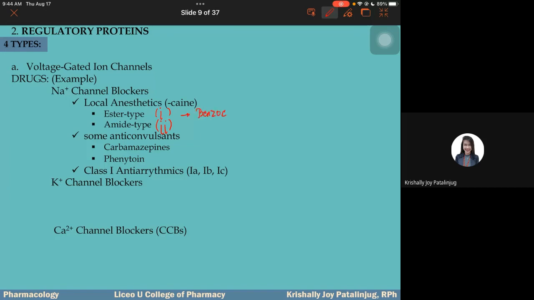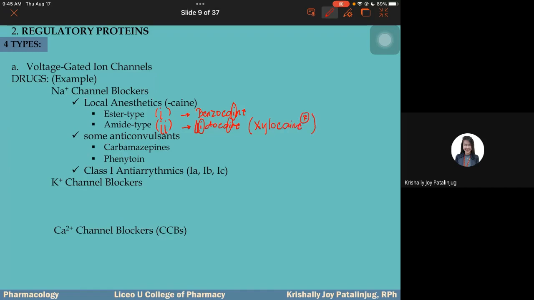Benzocaine. So you have one letter I. And then for the amide type, just an indicator, lidocaine. Usually this is marketed, available in the market under the brand name Xylocaine.